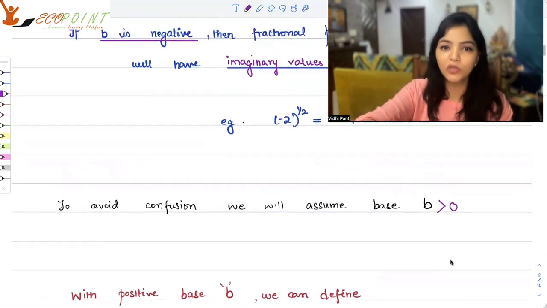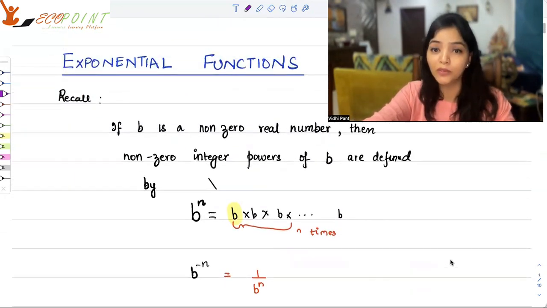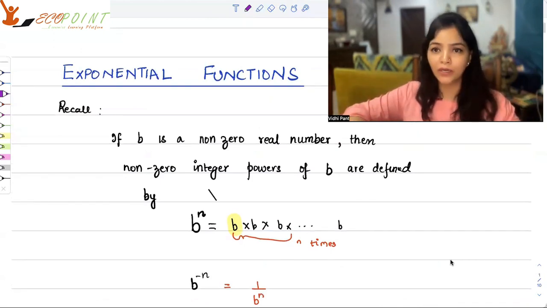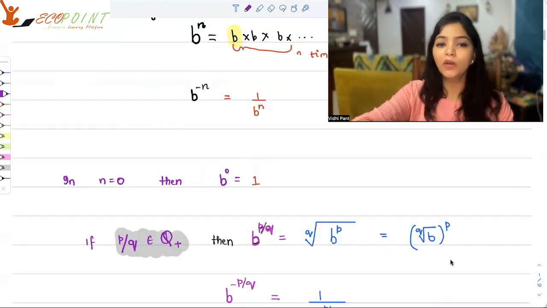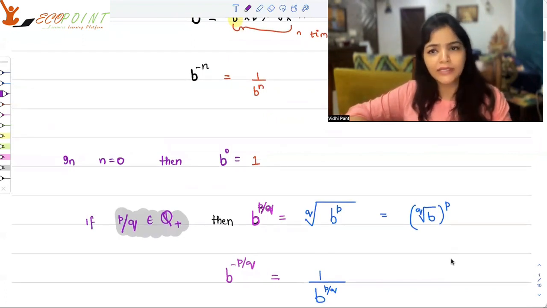So you see, what I'm trying to give you is an algebraic intuition to powers here. So we are first just starting with base b, some integer power n. That's the simplest thing. If I can look at b to the power n, I can even look at b to the power minus n. Then we spoke about b to the power 0. The power is 0, I will get just 1.